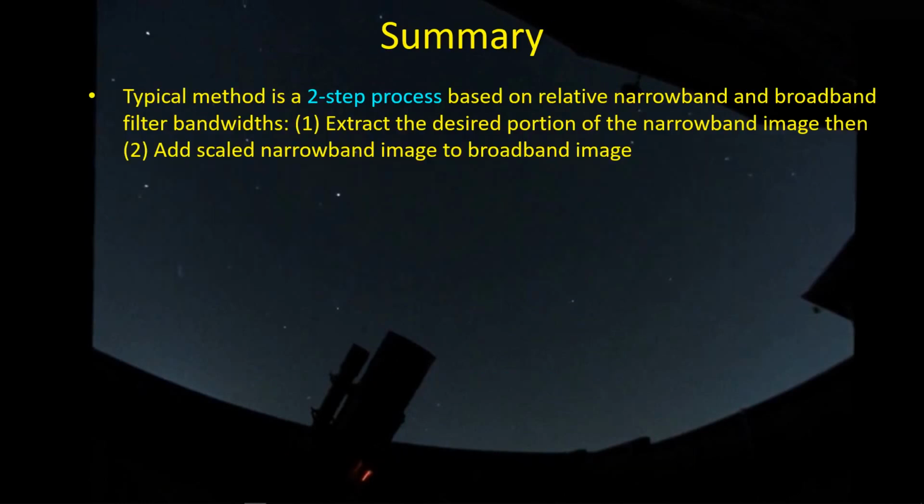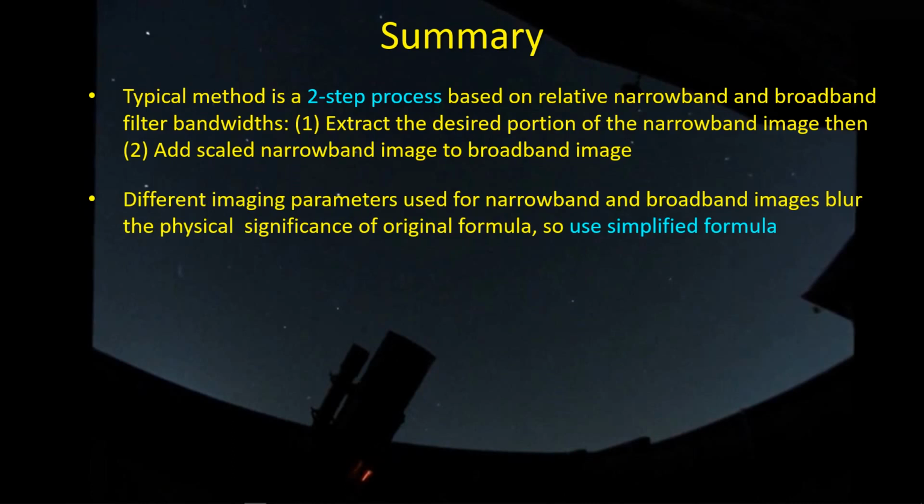Okay, so this method that we were talking about is a two-step process where we first extract the desired portion from the narrowband image, and then we take that new version of the narrowband image, scale it up, and add it to the broadband image for our final combined, the red plus the hydrogen alpha.